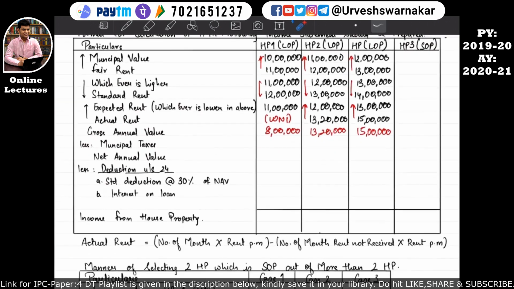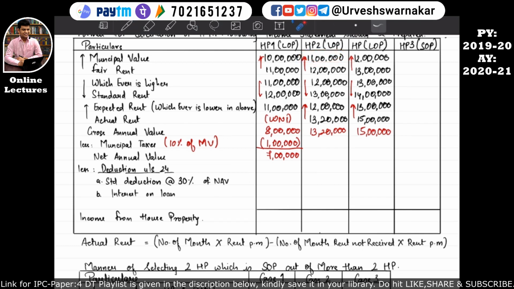So let's come back to our format, and 10% of MV. So the municipal taxes for house property 1 will be equal to 1 lakh, that is 10% of 10 lakh. I hope that is quite clear to you all. So the net annual value will be equal to 7 lakhs. I hope this is very much clear. And in case of house property 2, the municipal taxes is equal to 10% of the MV, that is 11 lakhs.